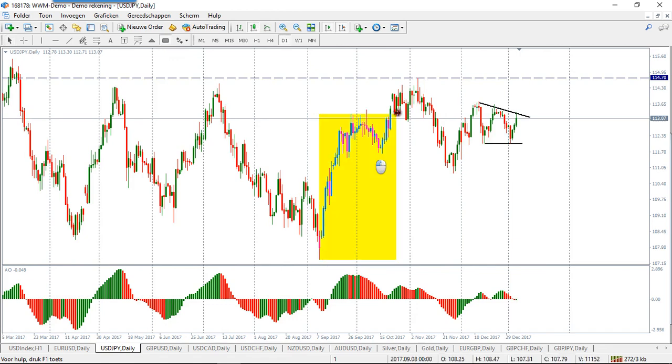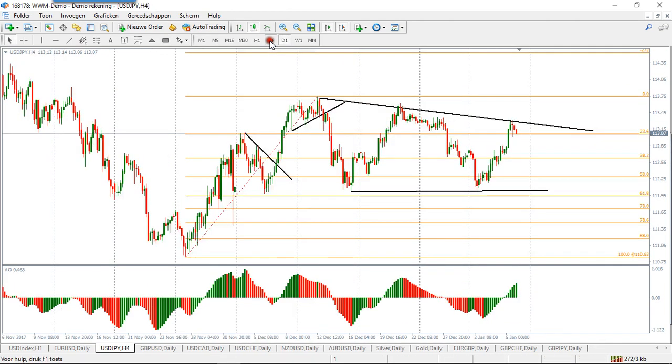What I know for sure is that this is a 3-wave pattern, and what I want to look for now is on the 4 hours, relatively simple. You either see this move here as some kind of wave A. That's what I said last video. Then we went back up and I said I want to see this low taken out.